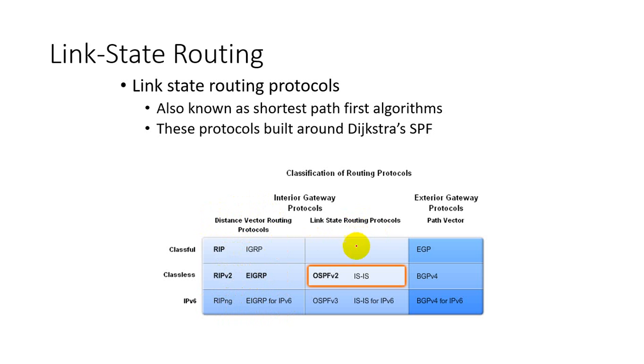Similarly, for link state, we can see OSPF version 2 and IS-IS, and OSPF version 3 and IS-IS for IPv6. For EGP, we can see BGP version 4 as classless, while for IPv6 it is BGP version 4 for IPv6.